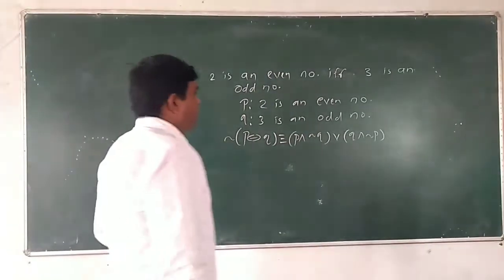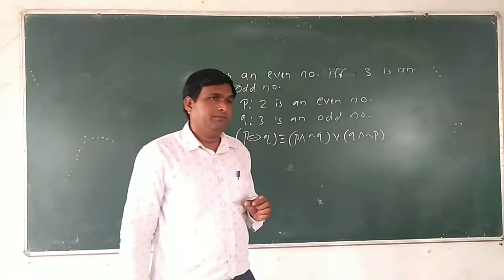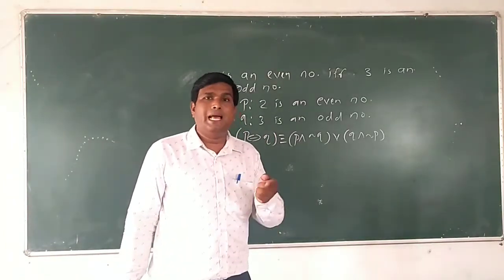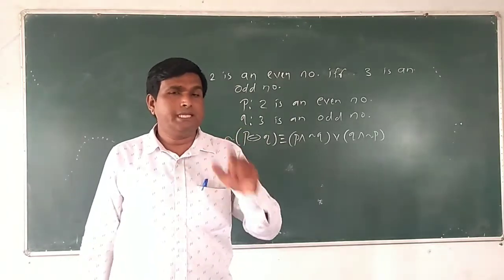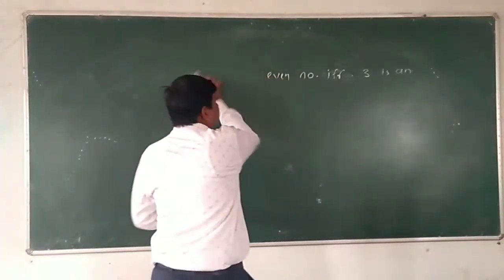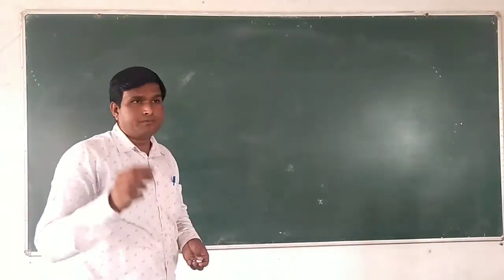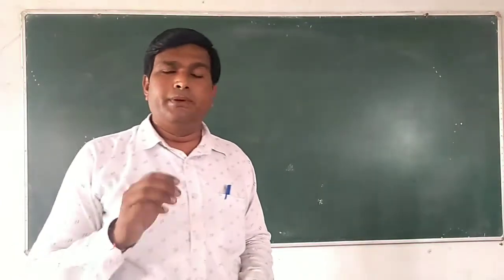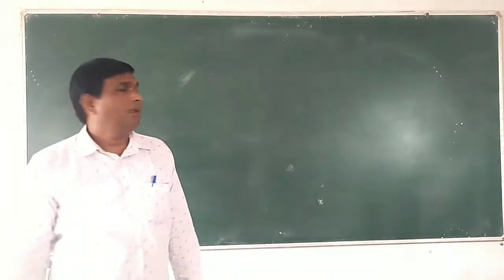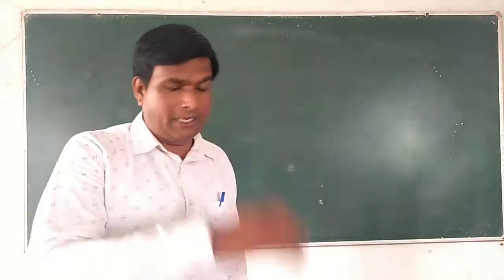Now, if a statement has all, then it is replaced by some, and if a statement has some, then it is replaced by all. Consider this example: all scalene triangles are equilateral triangles.